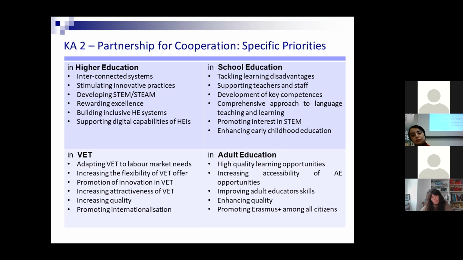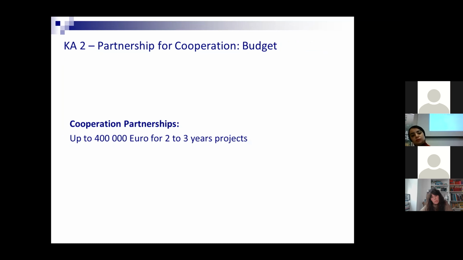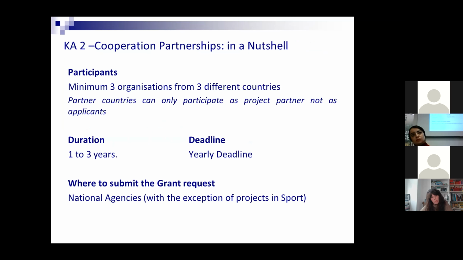So, very general priorities. The budget is up to 400 euro for the project, and the duration is up to 3 years. In a nutshell, participants are a minimum of 3 organizations from 3 different countries, and the request of grant has to be submitted to the national agency.